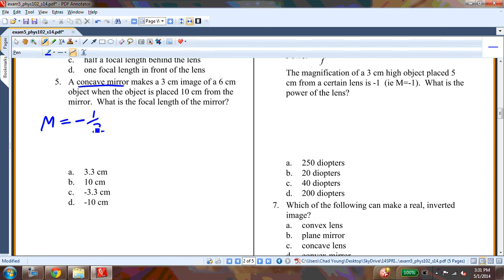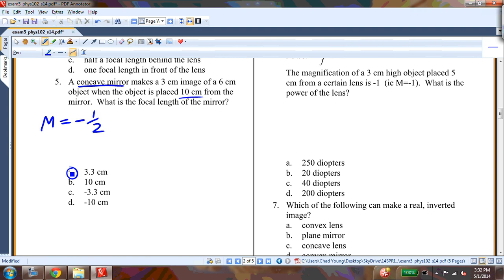But here, the image appears smaller, so I know that it has to be inverted, because that means the image is going to be behind the focal point. We could stop there because I know that the object is at 10 centimeters, so it can't be at the focal point. It has to be A.